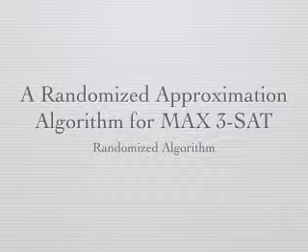The problem: when we studied NP-completeness, the core problem was 3-SAT. Given a set of clauses C1, C2, C3, up to Ck, each of length 3, over a set of variables X equal to the set x1, x2, x3, and so on to xn, is there a satisfying truth assignment?